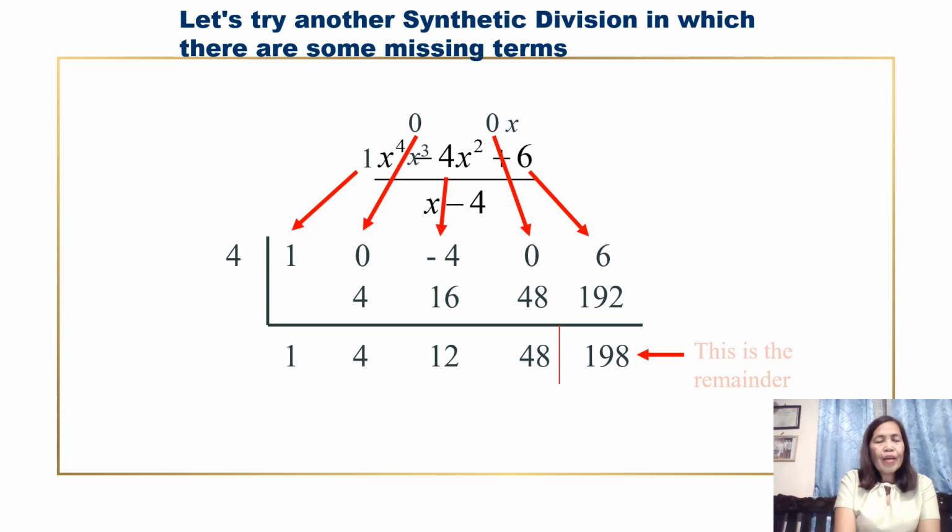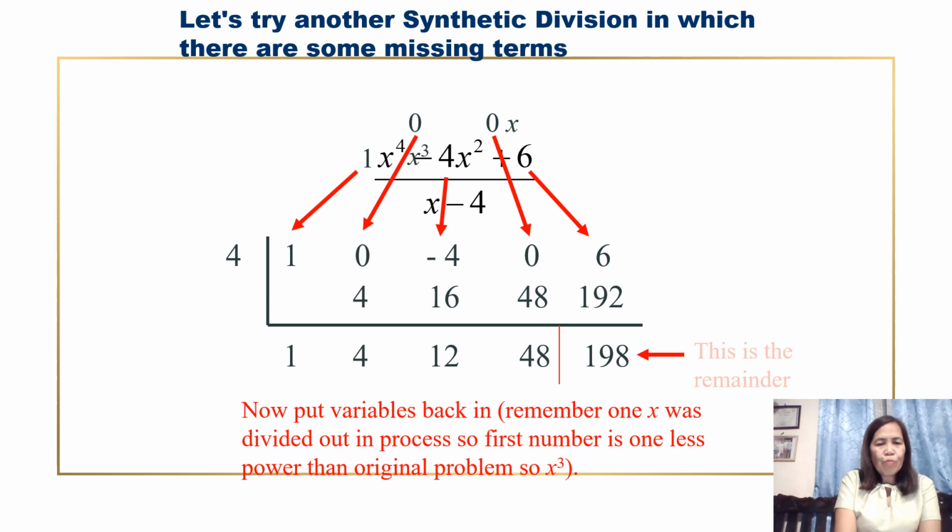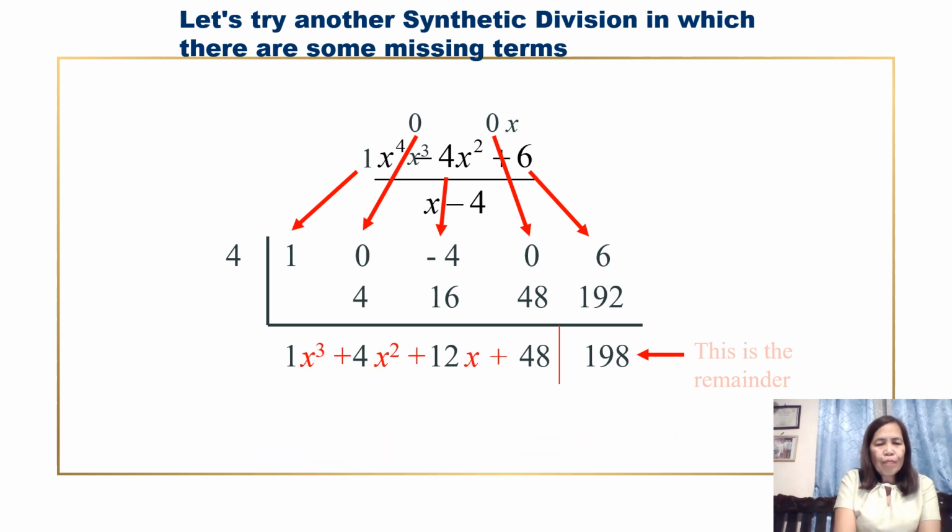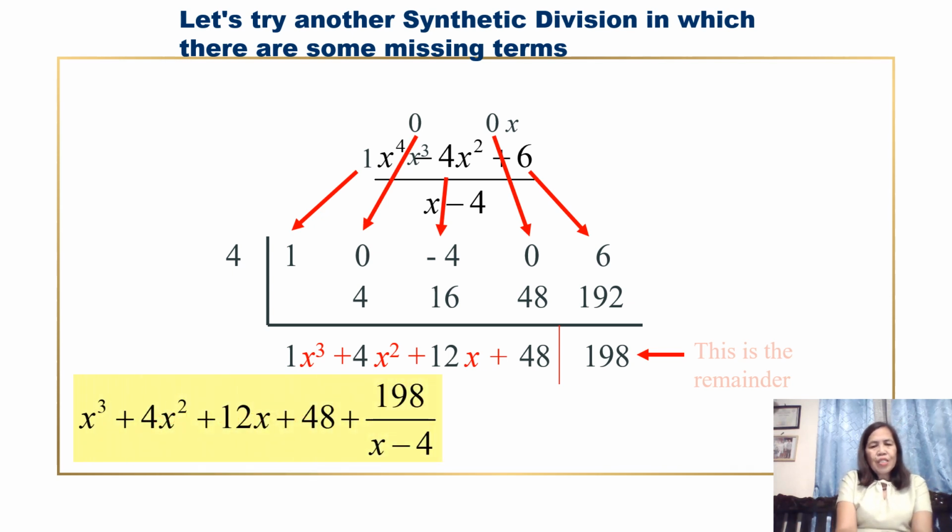And then, for the quotient, balikan yung given. It is x to the fourth power. Bawasan ng isa yung 4, so magiging x cubed. And then, pababa na siya. So, we have 1x cubed plus 4x squared plus 12x plus 48. And then, our final answer is x cubed plus 4x squared plus 12x plus 48 plus 198 over x minus 4.